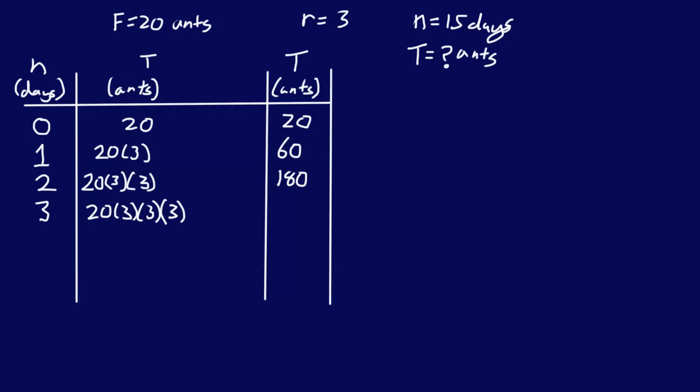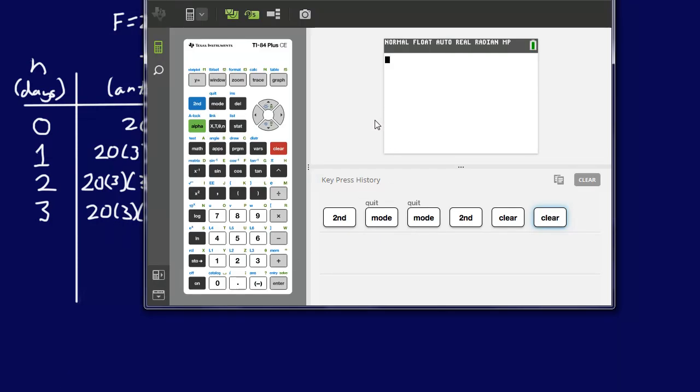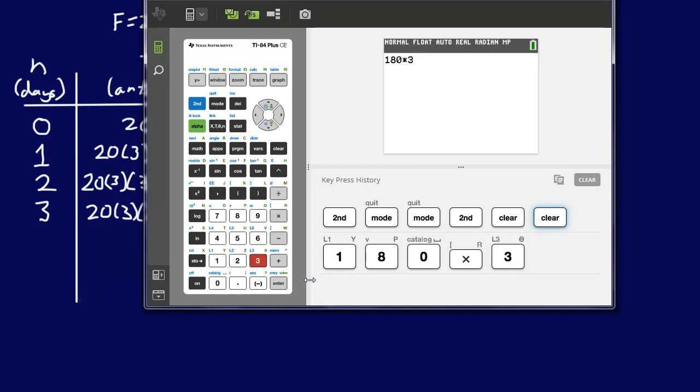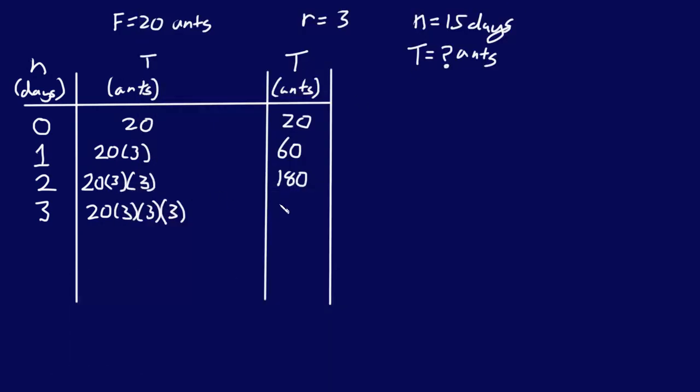And let's see what that value ends up being. So we have 180 times 3, and that is equal to 540. We could keep going on and on, but you can kind of see a pattern here. This doesn't have a 3, this has a 3, then this has 2 3s, and this is 3 3s.